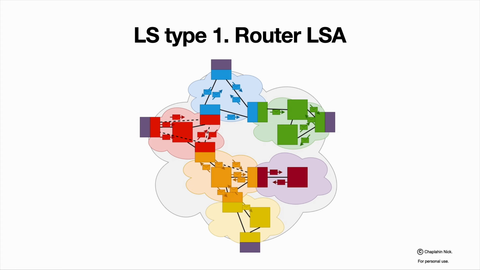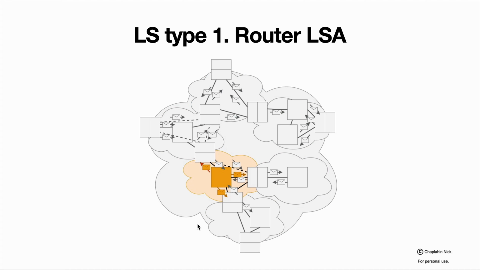Now, let's talk about LS types. LS type 1, router LSA. Those are a type of LSA that is required and sent from router to router, only to neighbor routers within a specific area. It means that an area device sends it to all the neighbors within this area.